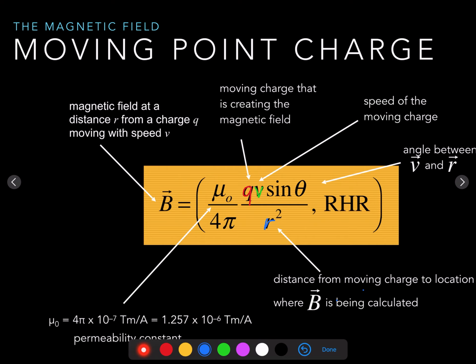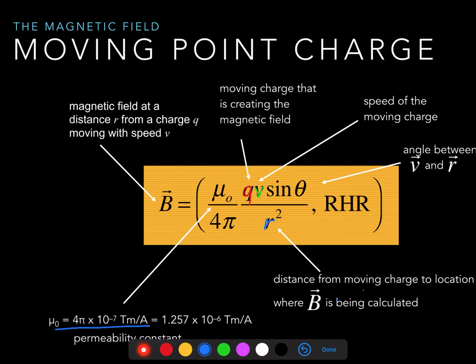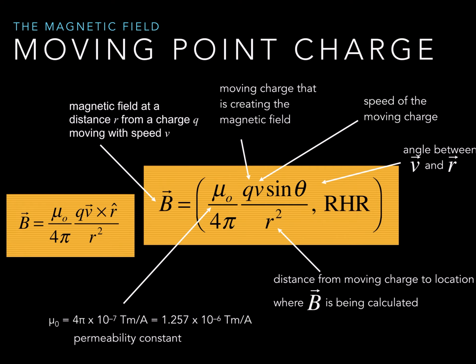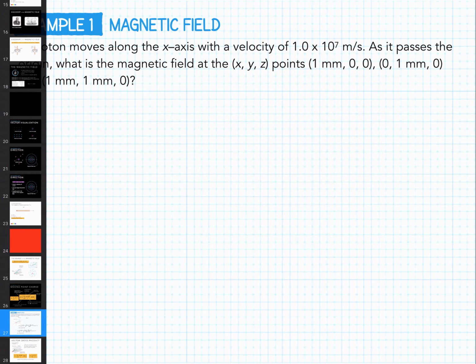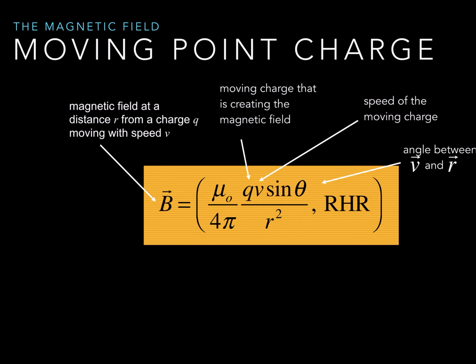This is magnetic permeability. So it's like epsilon naught, but for magnetic fields, and we call it mu naught. That's the magnetic permeability in free space. And what do we mean by free space? A vacuum. So this is the magnetic permeability of a vacuum, and this is 4 pi.